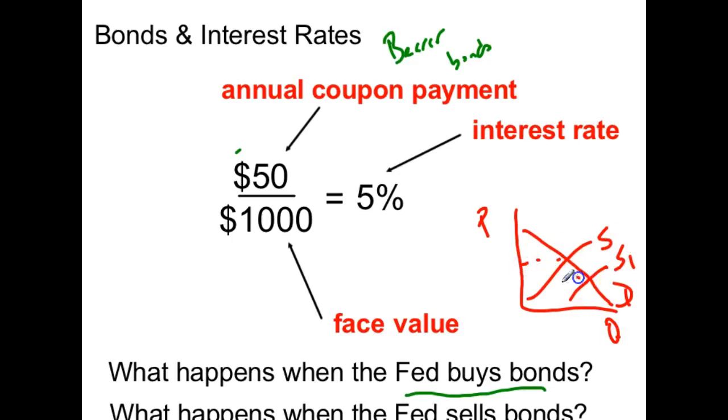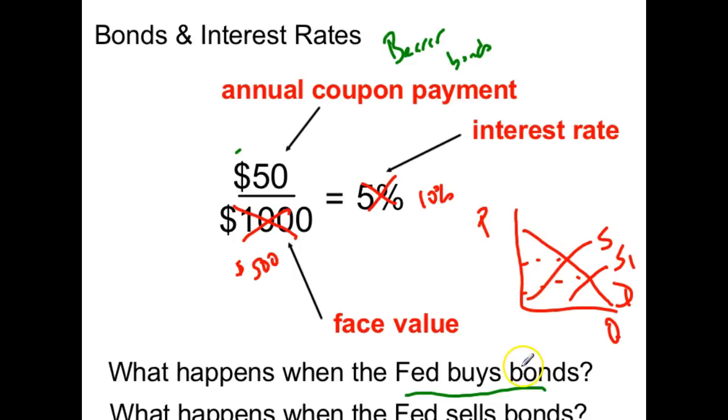So what's going to happen to the price of bonds? It will fall. So this bond, for example, might now be available for $500. The person who buys it for $500 still gets paid $50 a year. That means their actual return is 10%, because 50 divided by 500 gives you the 10% return.